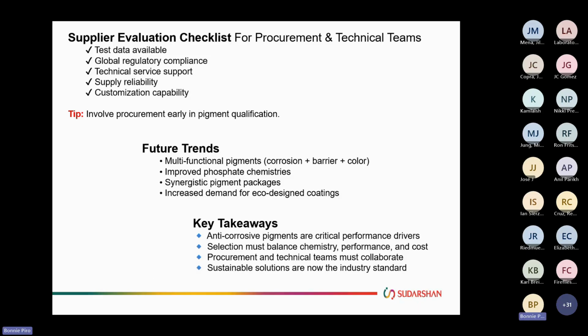And of course, there's always a balance between chemistry, performance, and cost. Collaboration in all aspects is very important. And then sustainable solutions are in today's world the industry standard, unlike the chromates of the past.